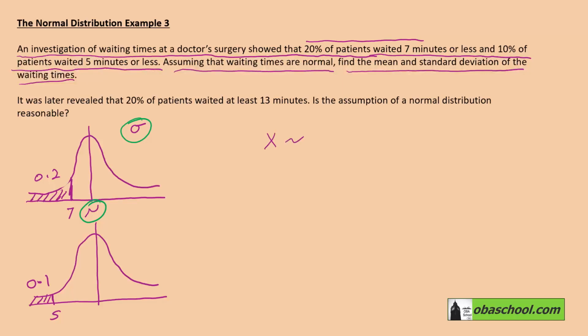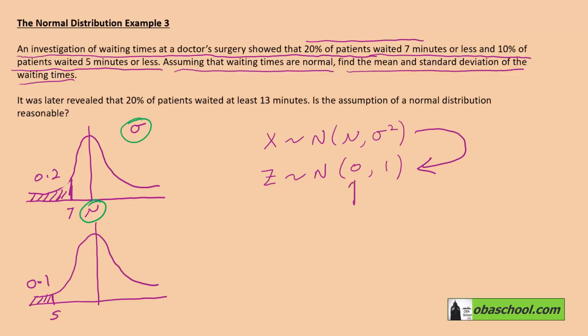We have a distribution with mu and sigma squared. The standard normal has a mean of 0 and a variance, and therefore a standard deviation of 1.